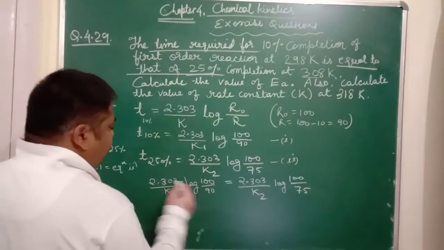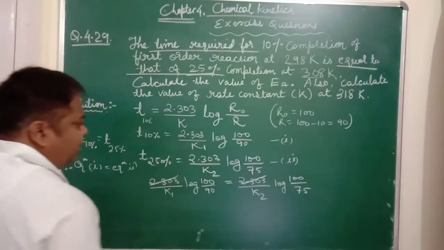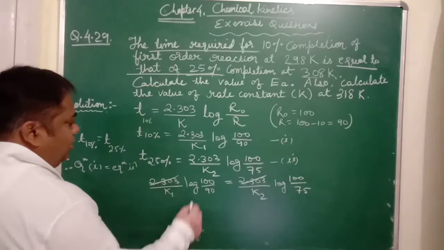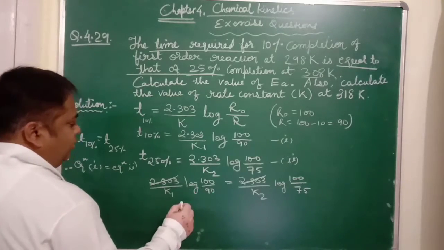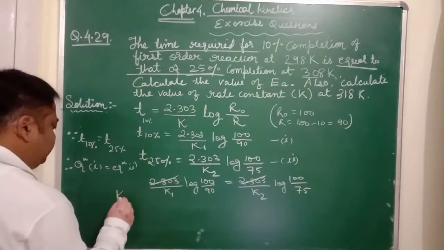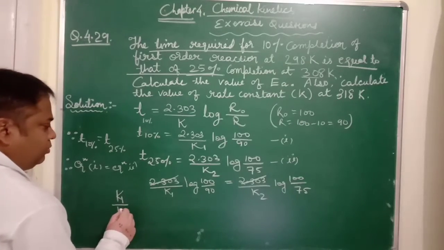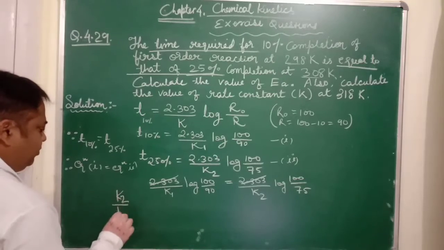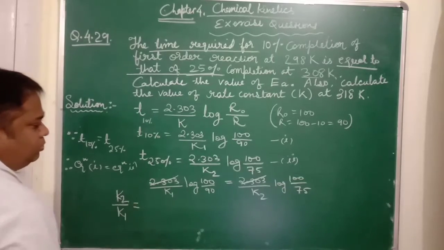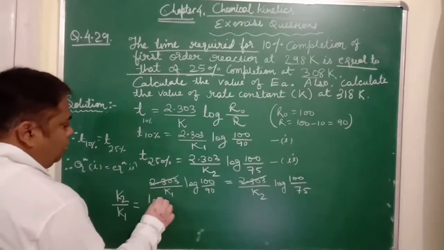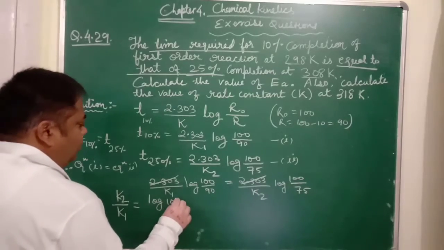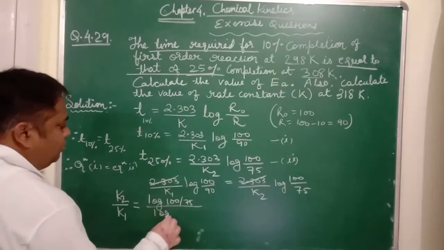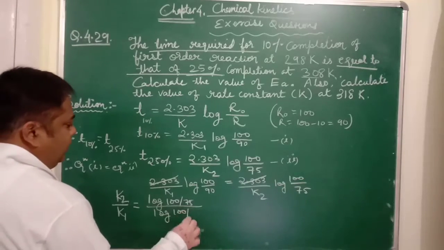Very clearly the 2.303 will cancel, and k2 by k1 is equal to log 100 by 75 divided by log 100 by 90.